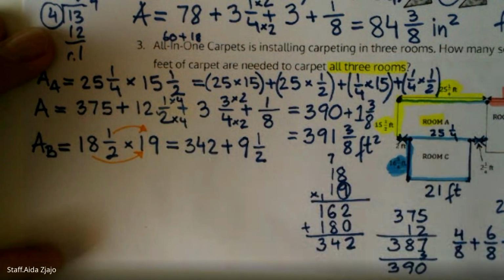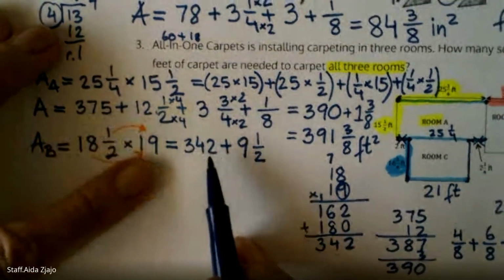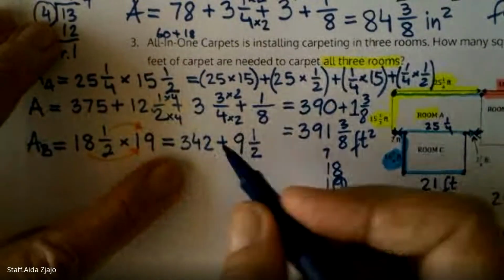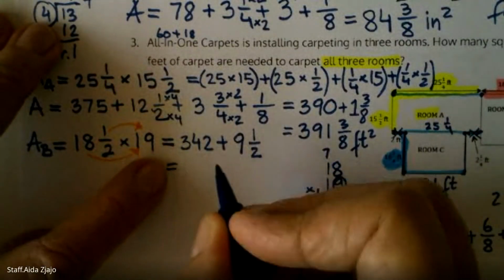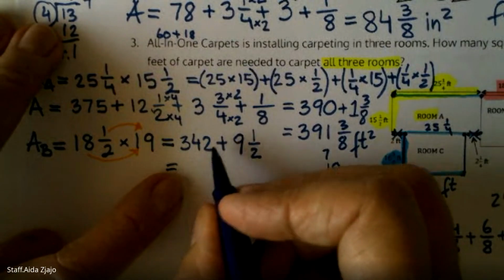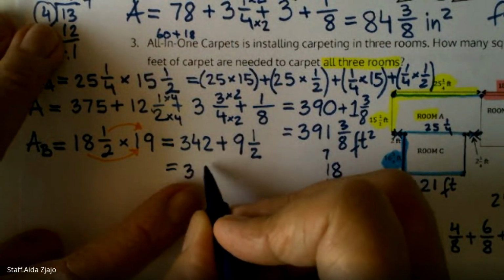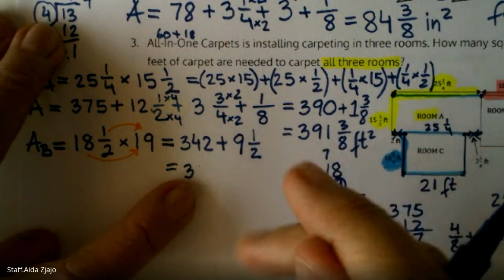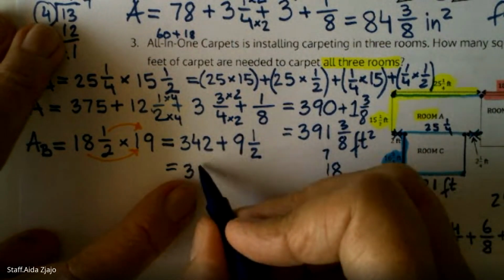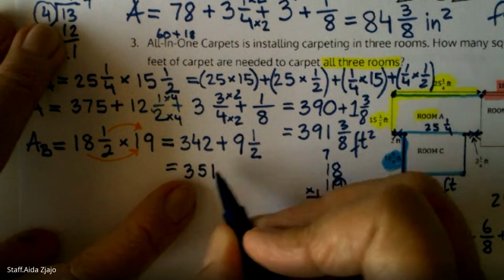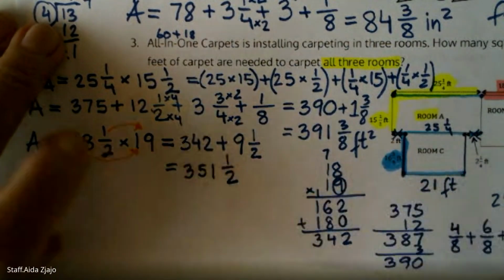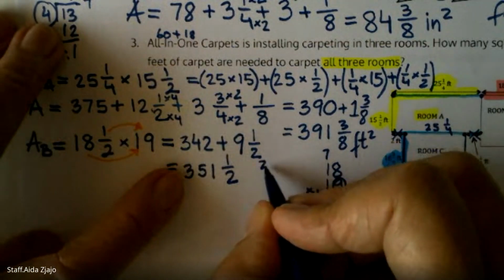Okay, so now 342 plus 9 is 351 and a half. Okay, and it is square feet.